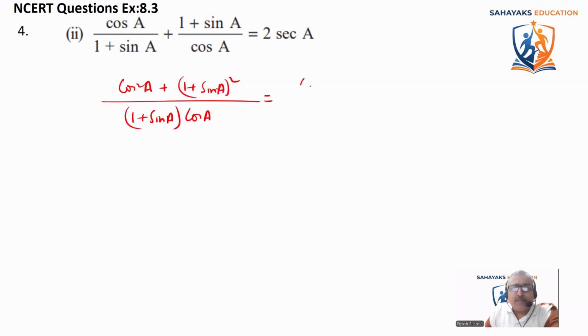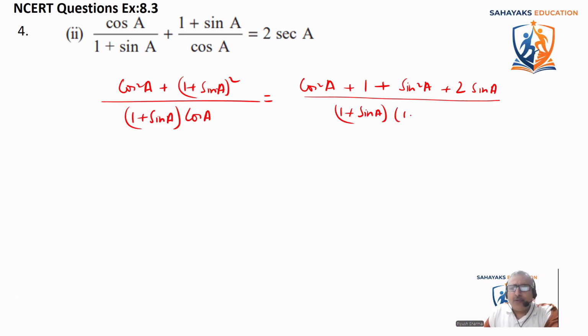So it becomes cos square A plus, okay, I'm just opening this, 1 plus sine square A plus 2 sine A, divided by (1 plus sine A) into cos A.